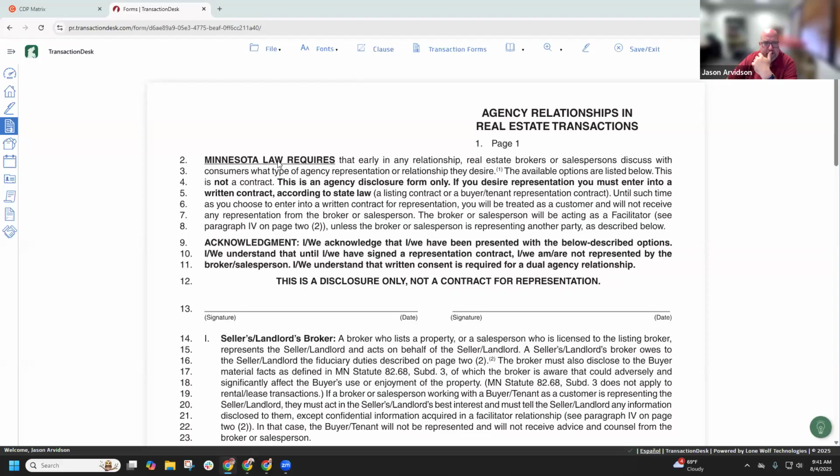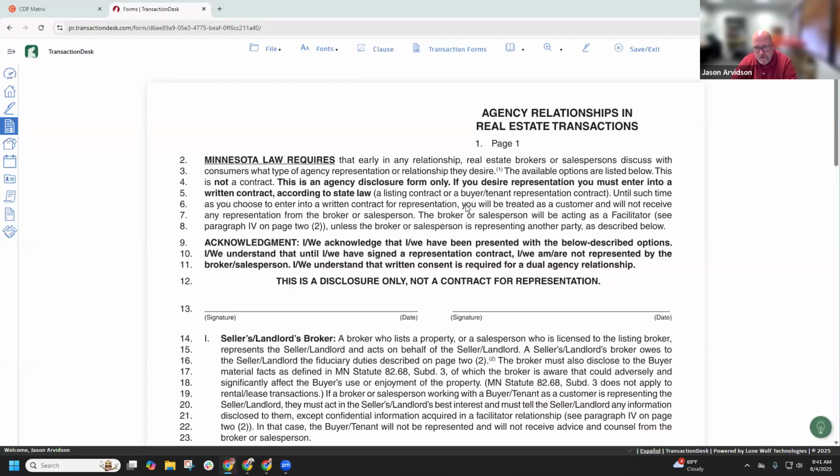So again, the main sections are: early in any relationship, which is pretty undefined, you discuss with consumers what type of agency representation or relationship they desire. The available options are below. This is not a contract, it just tells you what the jobs in a real estate transaction are. If you are interested in having somebody perform one of those jobs for you, you do have to sign a contract according to law, right?